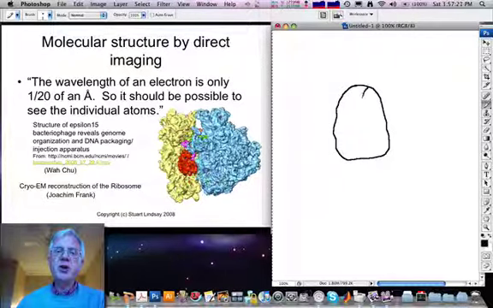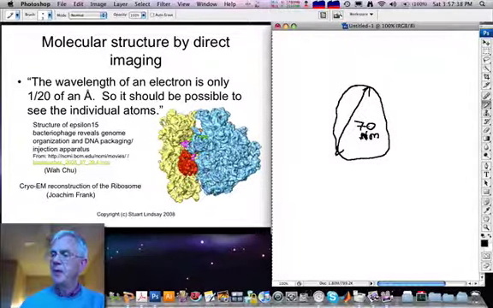Well, this object you're looking at here is about 700 angstroms or 70 nanometers across and contains hundreds of thousands of atoms. And it's been reconstructed by cryo-electron microscopy.